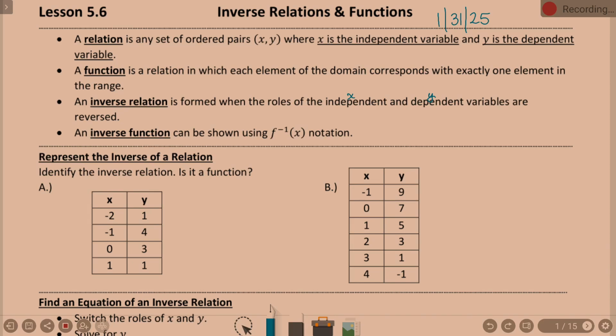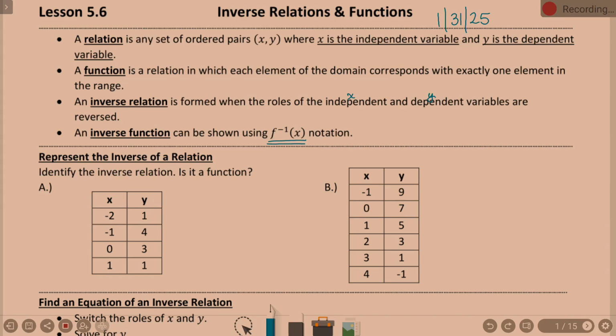And then an inverse function can be shown using this f inverse of x notation. When you put a -1 on that f, that is your inverse notation. You usually read it as f inverse of x, and that's just saying that it's the inverse function.